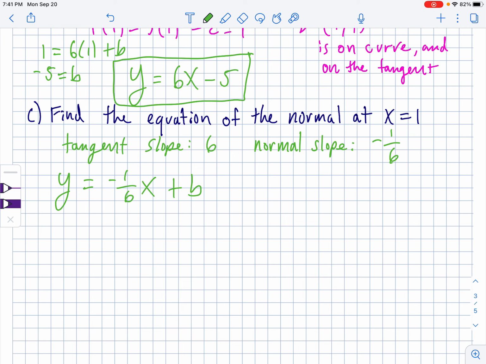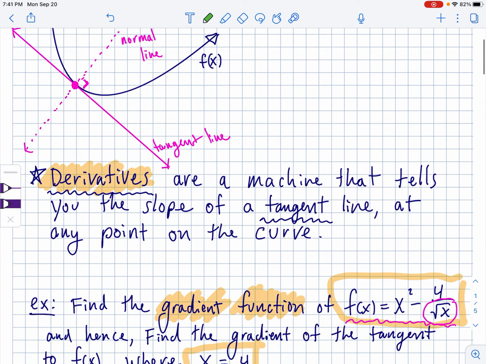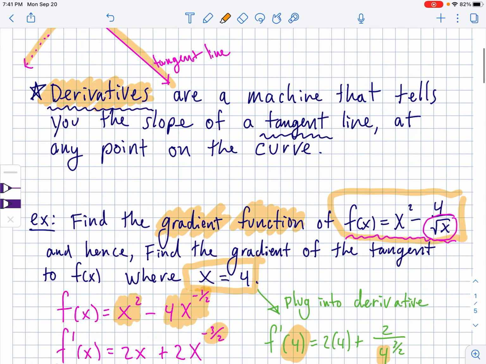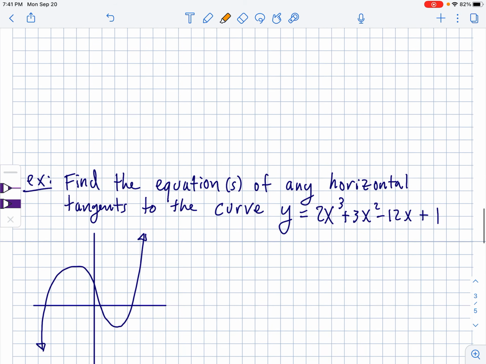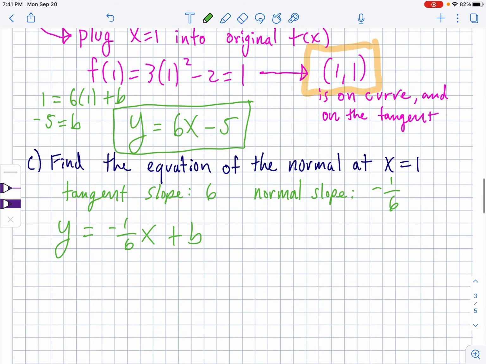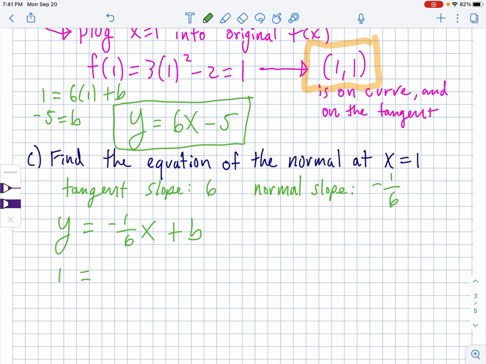And the normal is also going to touch that same point that the tangent touches. If you look back up here, notice that the normal line and the tangent line both touch at the point that's on the curve. So the curve, the tangent, the normal, they all touch at that single point. We already found out that that point in this example is 1, 1. So really, we just have to plug a 1 in for the y and x.